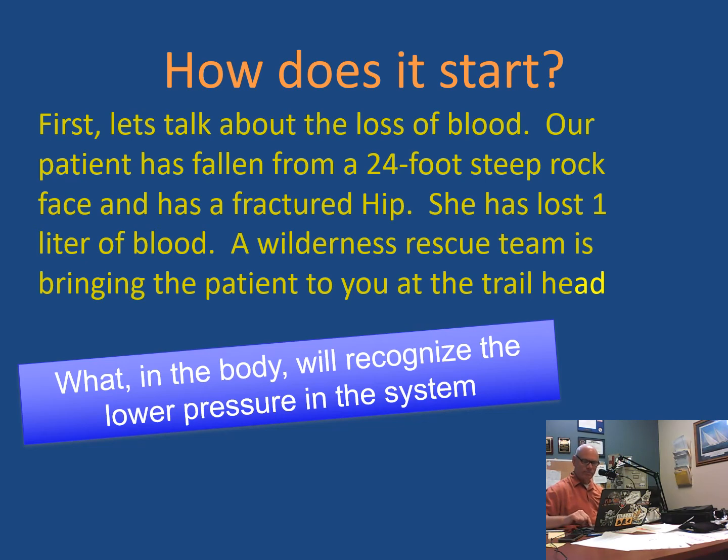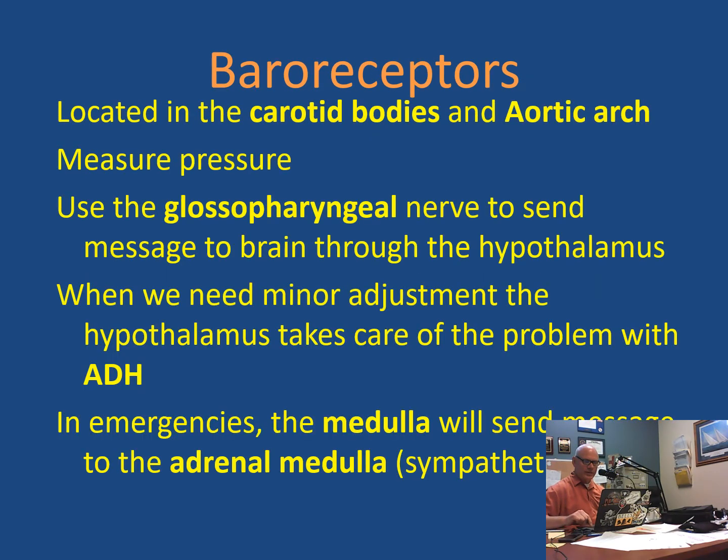What measures pressure? And that's a baroreceptor. The baroreceptor is in the same areas: carotid bodies, aortic arch. A barometer measures pressure in the atmosphere. So a baroreceptor measures pressure in your body, let's say, like in your arteries more specifically.